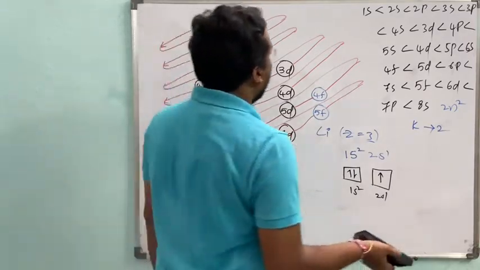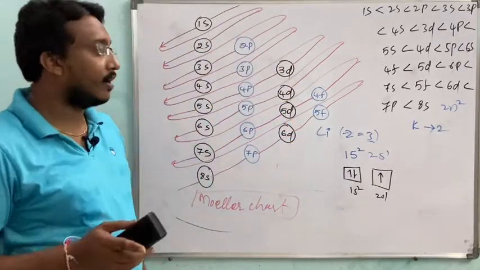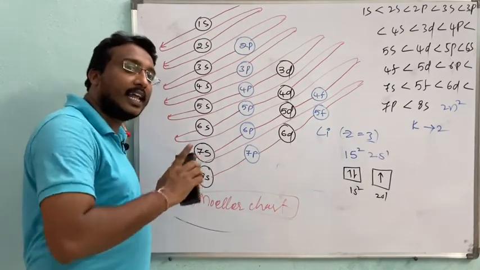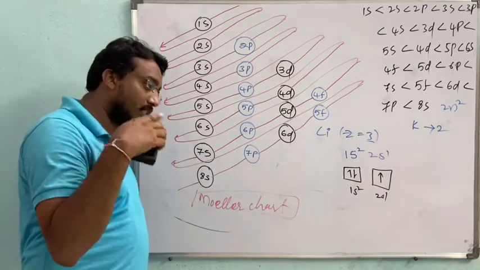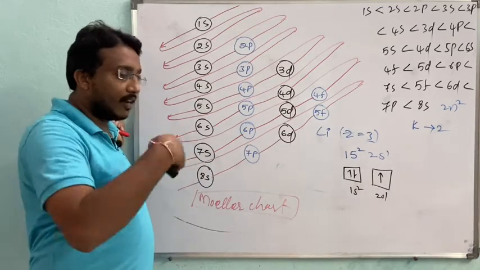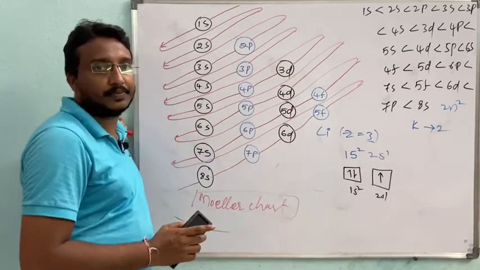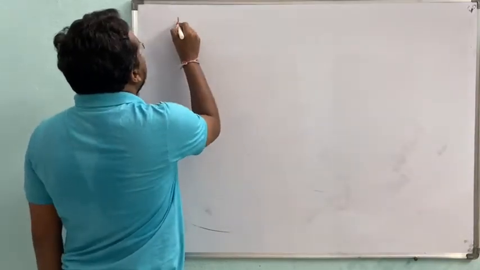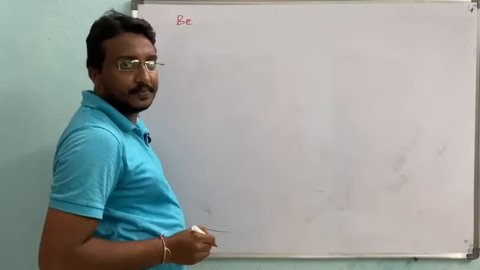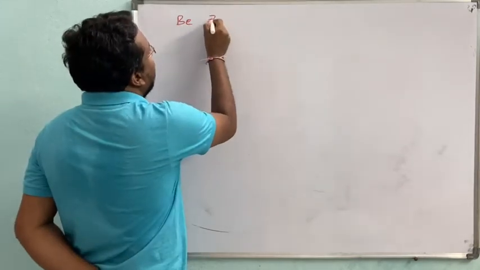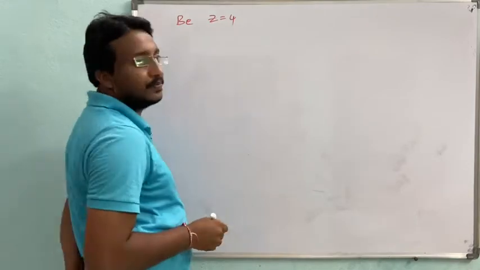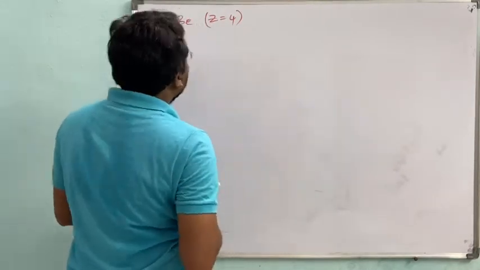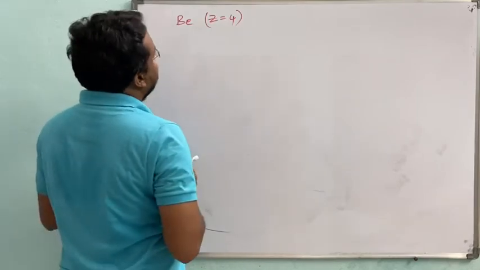Based on the Aufbau principle, we depend on the n plus l value. We have to fill the electrons in increasing order of energy level. That means first we fill the lower energy, and then we go to the next level. Got it? Then we discussed lithium. Next, beryllium, right? Its atomic number is 4. How do we write the electronic configuration?